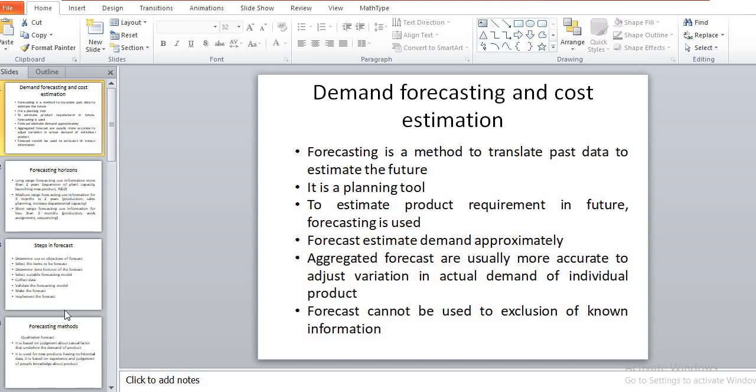So by using forecasting, we can plan and schedule production of that particular product.